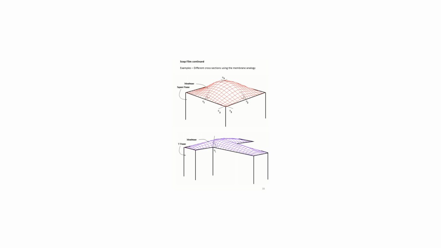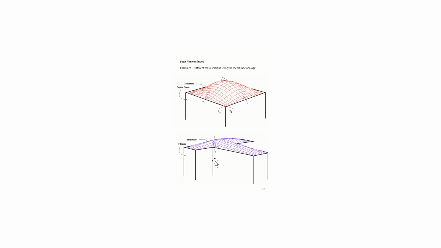It's important to be able to visualize these structures and these cross sections. Here are shown a square or rectangular cross section and a T cross section. What we note is that the maximum stresses occur along the middle of the straight side. They do not occur on the sharp outside corners.